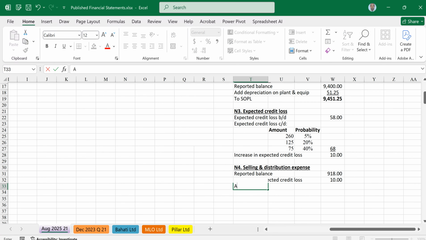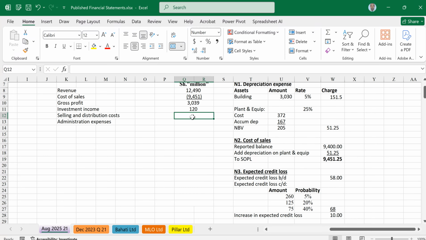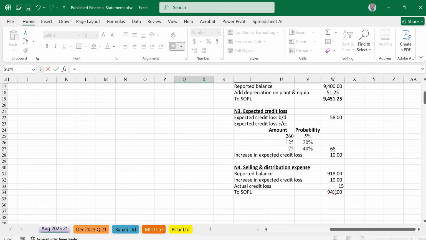Talk about actual credit loss, just like a bad debt written off, and we talked of 15. Add alt equal, then that will go to SOPL.